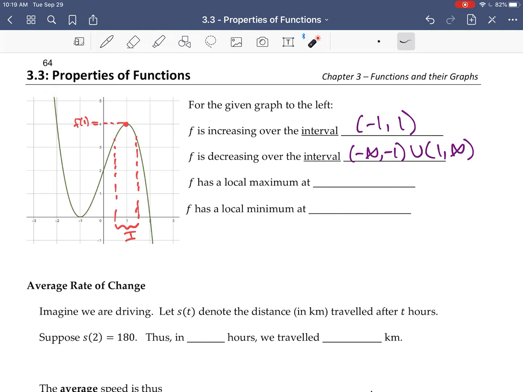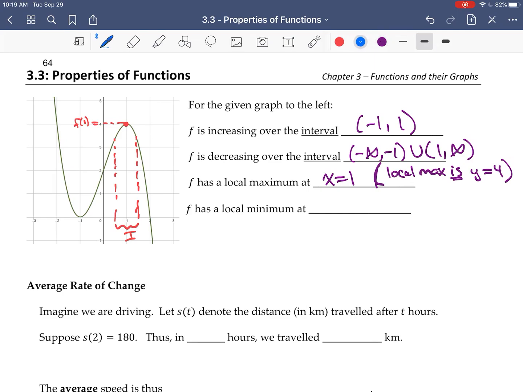We have a different idea if it's the biggest overall, but here it's just the biggest in its little neighborhood. So in the neighborhood around x equals 1, x equals 1 has the biggest y value. So there's going to be a local maximum at x equals 1, and in fact, the local max is y equals 4. So it's always the y value that is the actual max.